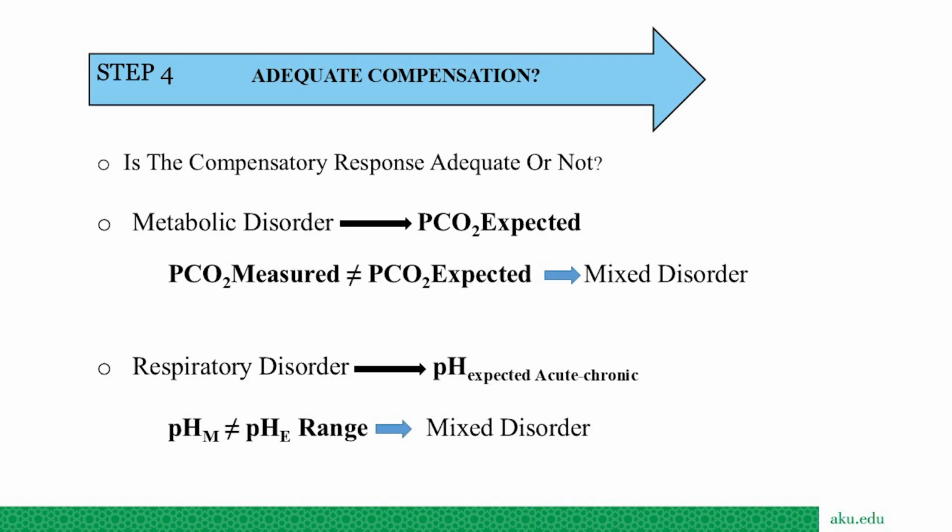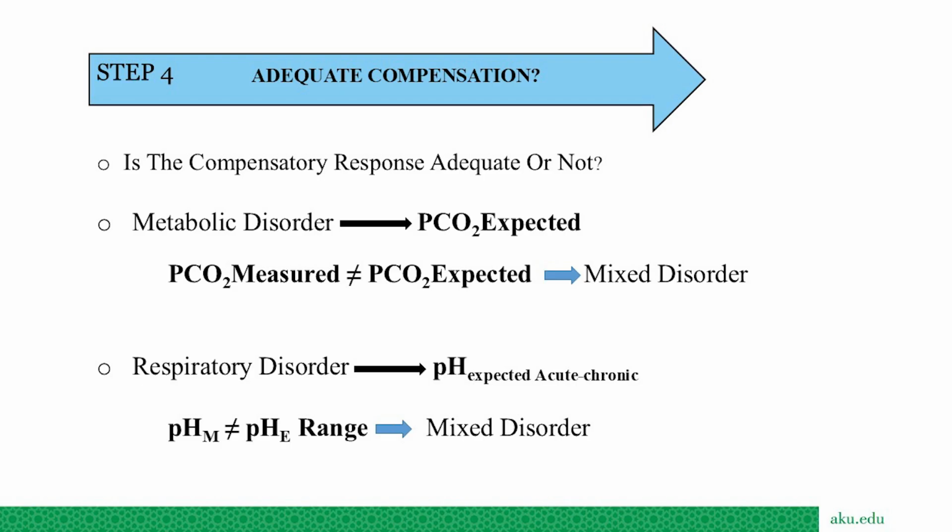If the PCO2s are correlating or nearby, that would mean that the patient's compensation is complete and adequate. However, if they are not matching, that would mean there is inadequate compensation or a mixed disorder. Similarly for respiratory, as mentioned in the previous slide, we will measure the pH and see the difference. If the difference is closer to the acute or chronic value, that would mean that the patient has adequate compensation.